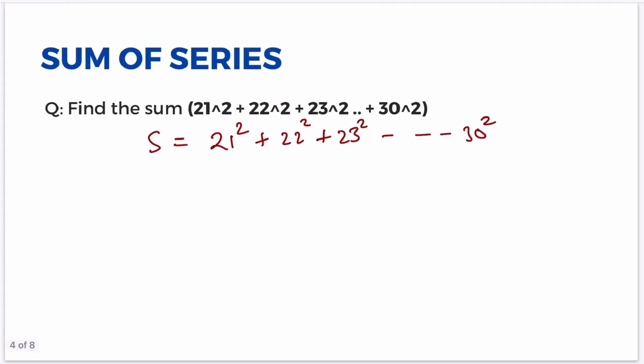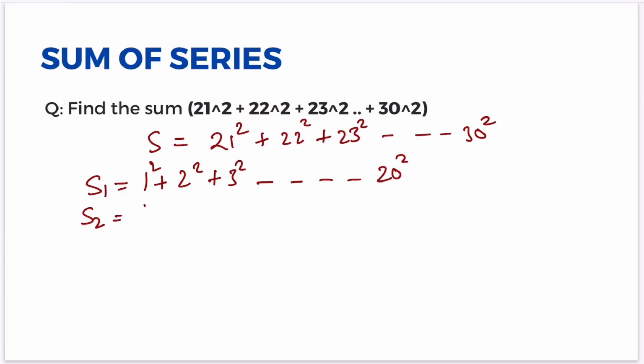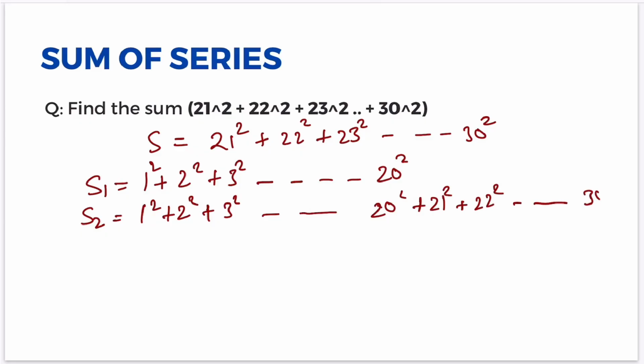To find the sum of such a series, you need two series: 1 square, 2 square, 3 square up to 20 square, and the second series is 1 square, 2 square, 3 square up to 20 square, continued with 21 square, 22 square up to 30 square.